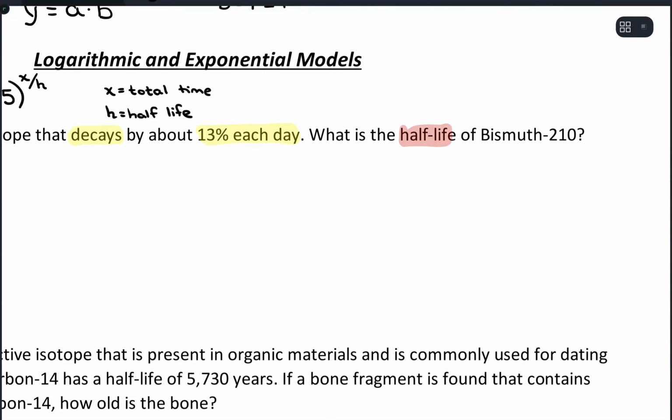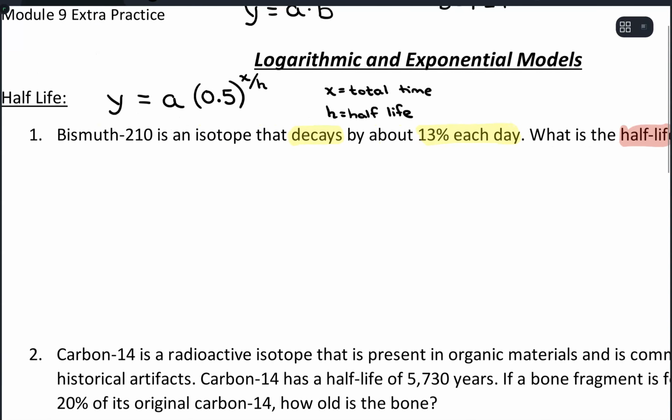So we want to know how long does it take to end up with 1/2 of what we started with. With this one, because we're looking for half-life, I'm not going to use the function I just described for half-life. Again, that will be helpful when we know what the half-life is. Instead, I'm going to use just y equals a times b to the power of x.